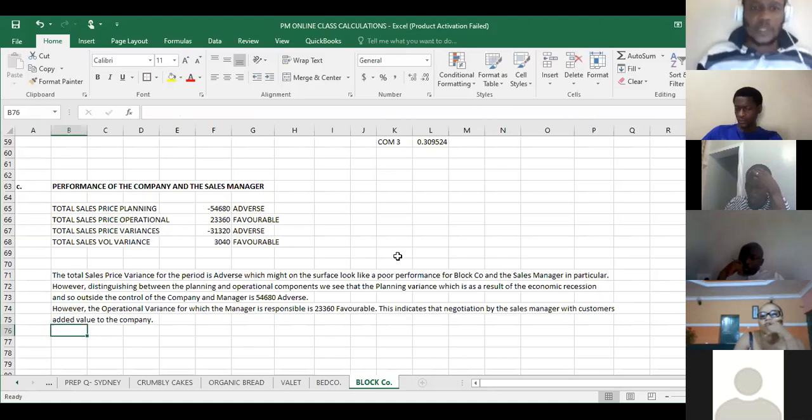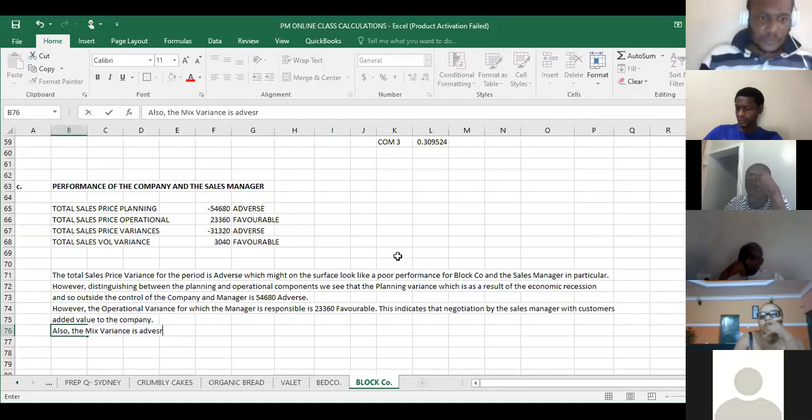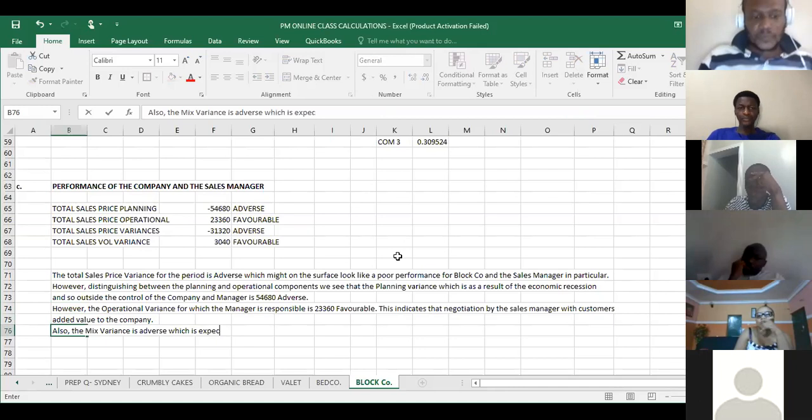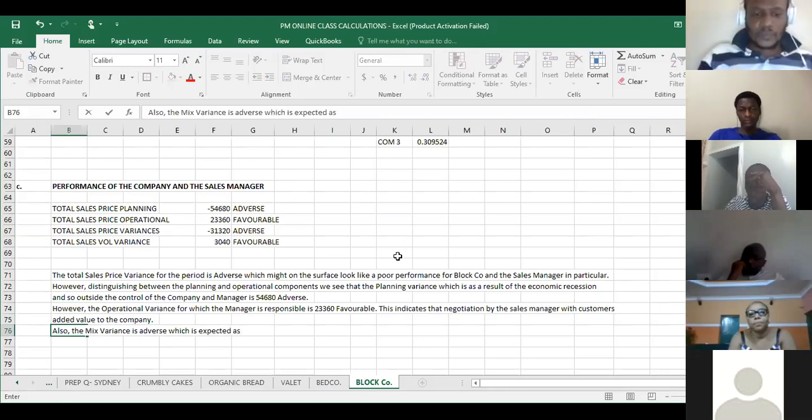Now, also the mix variance is adverse, which is expected due to the recession.